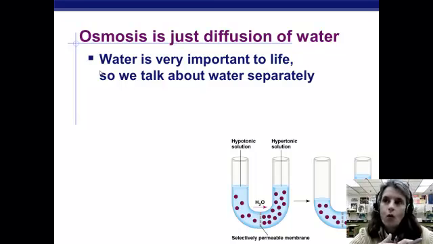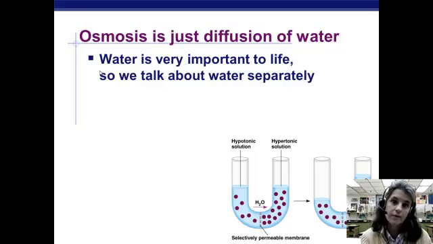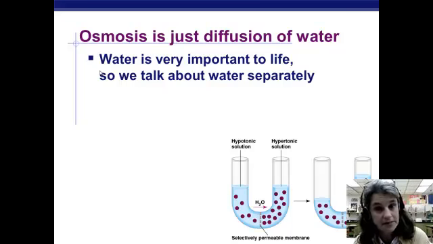Now, water is talked about with its own little vocabulary and its own little chapter, so to speak, because it is so important to life. It is so ubiquitous. It's everywhere. When we're talking about life, we're talking about cells.